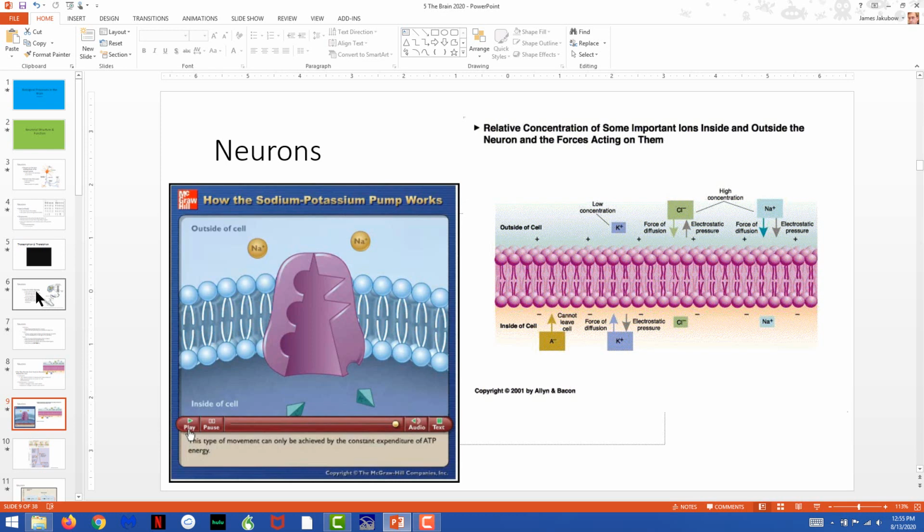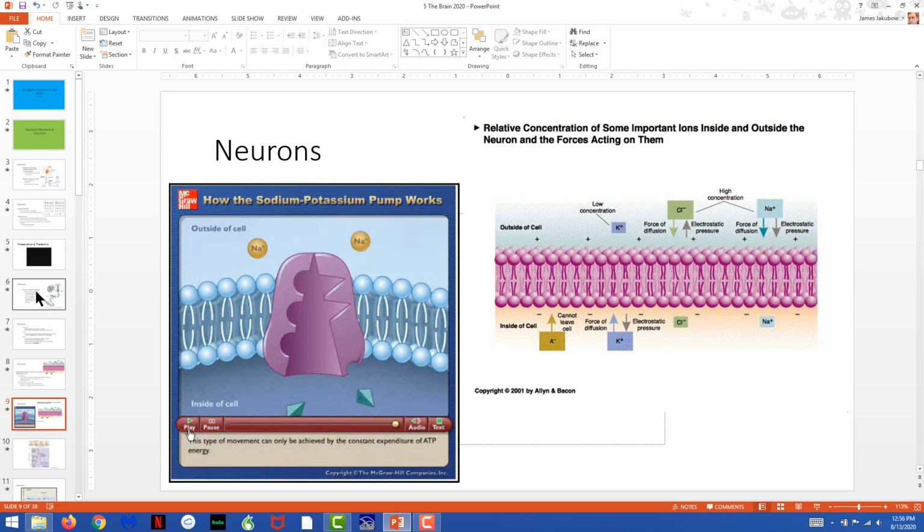And how the cell fixes itself is it initiates the activity of a sodium-potassium pump, because sodium has to be taken out of the cell and placed on the outside, and the potassium that had left the cell has to be brought back in. So this is a sodium-potassium pump that works against the diffusion gradient that occurs based upon the structure of the cell.